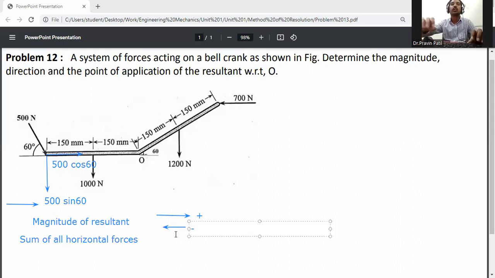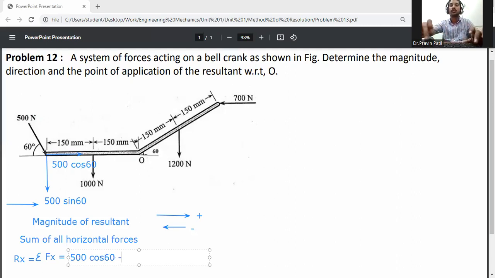Negative. Okay. So Rx is equal to summation Fx, summation Fx means sum of all the horizontal forces. F stands for force and x stands for x direction. So first of all, that's 500 cos 60, it is going right side. So it is positive 500 cos 60.